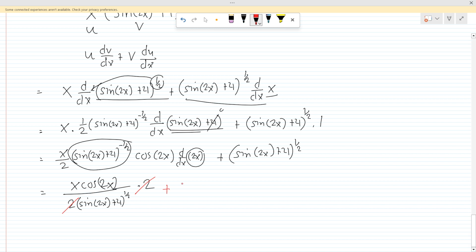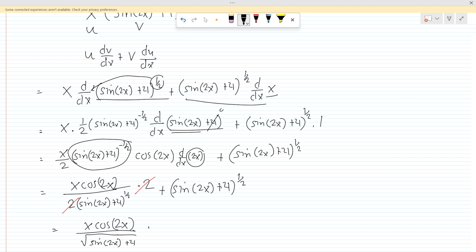Then plus sine of 2x plus 4 raised to 1/2. So by simplifying this, this would be x cosine of 2x over the square root of sine 2x plus 4, then plus the square root of sine of 2x plus 4.